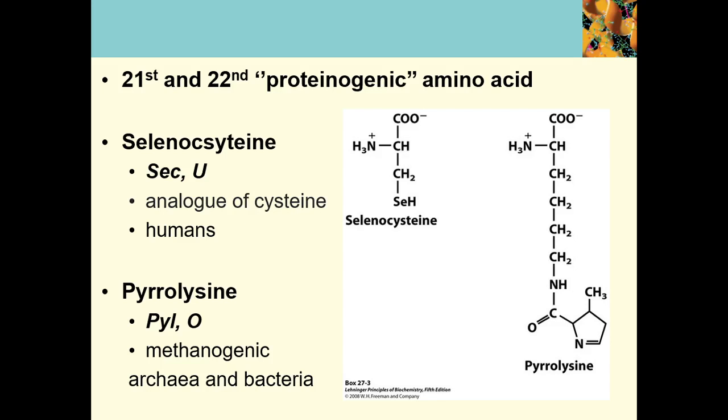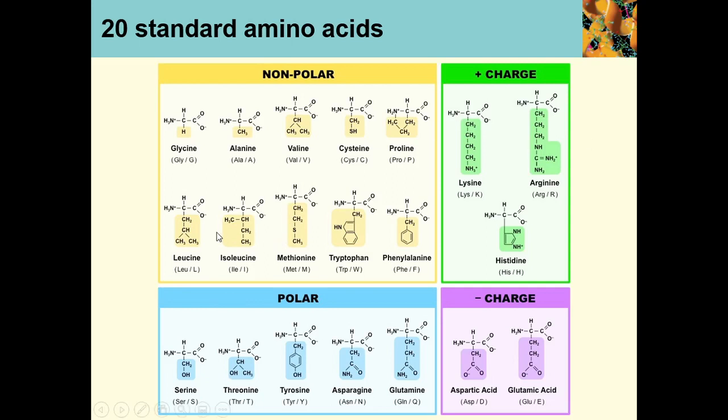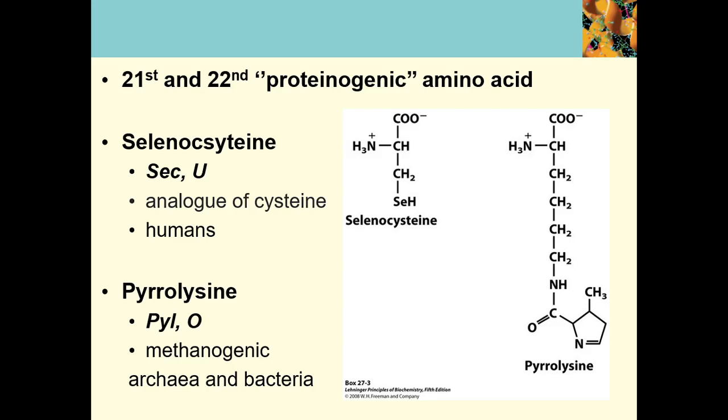Remember, cysteine has a CH2SH side chain, but in selenocysteine, the sulfur is replaced by Se, or selenium. This is also found in humans. Some human proteins contain selenocysteine, which is why it's called the 21st proteinogenic amino acid.